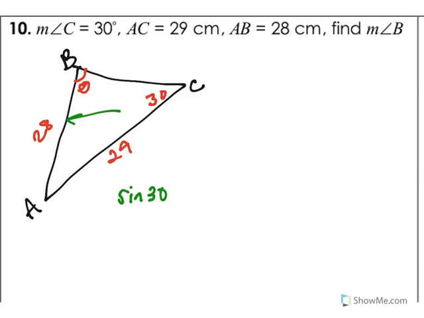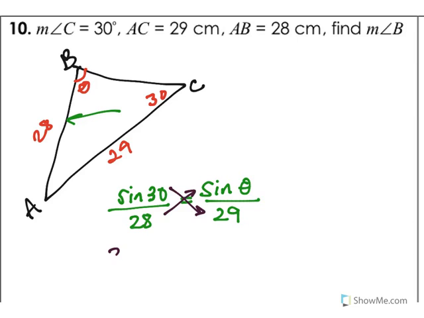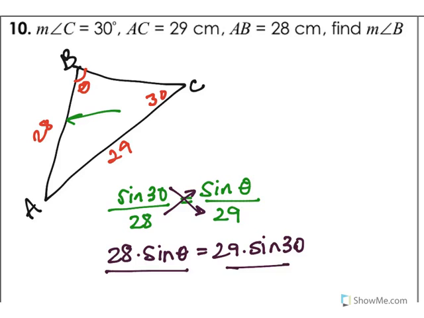Sine of 30 over 28 equals sine of theta over 29. Okay, so now we're going to cross multiply. 28 times sine theta equals 29 times sine 30. Now we're going to divide by 28 on both sides.